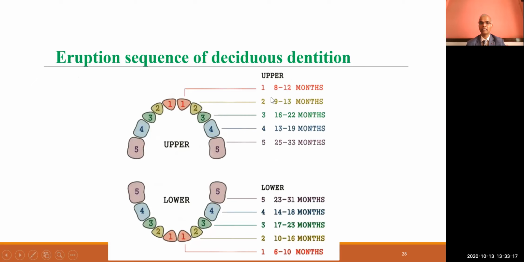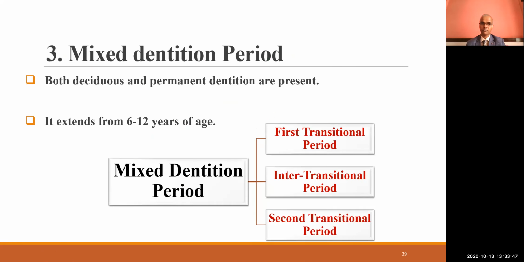And in the upper arch, central incisors 8 to 12 months, lateral incisors 9 to 13 months, canine 16 to 22 months, first deciduous molar 13 to 19 months, and second deciduous molar 25 to 30 months. So we can see that in the lower arch, the teeth erupt first as compared to their counterparts in the upper arch.